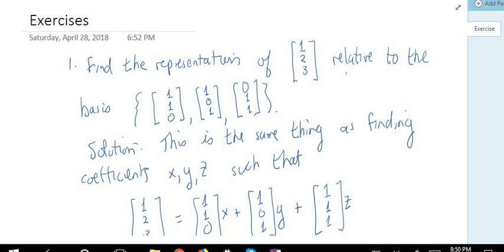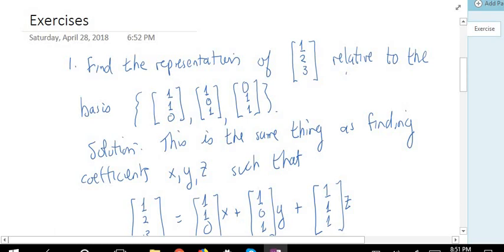Okay, so what this means, you should translate this into the language of linear combination. This is the basis, and I want to represent this vector as a linear combination of the vectors in this basis. So how do I write a linear combination of these vectors? Well, that's what I have down here.